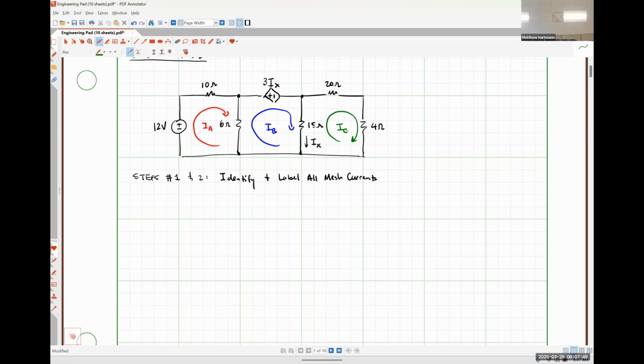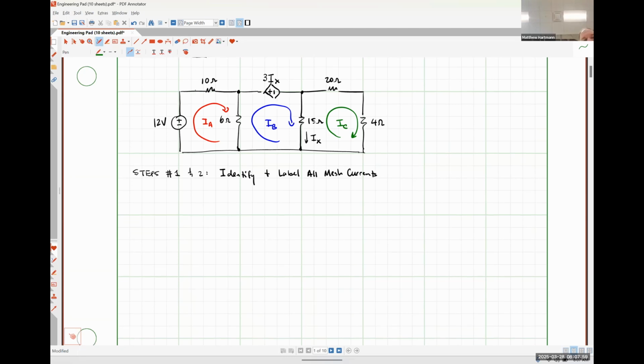So let me explain briefly what these mesh currents are. Okay. So our mesh current IA is essentially the exact same thing as, sorry, let me draw it in red here, the current that's flowing through this 10 ohm resistor. Our mesh current IB would be the same thing as the current that's flowing through that 3ix source from left to right.